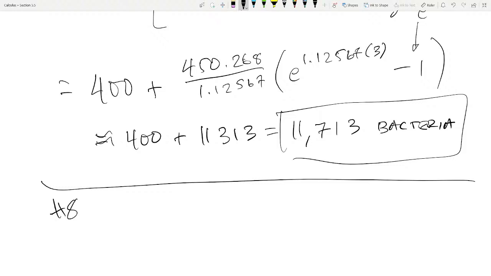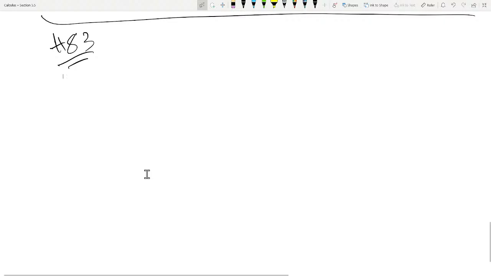Number 83 is about breathing cycles. It says a full respiratory cycle takes about 5 seconds, and the maximum rate of airflow is about 0.5 liters per second. So then they give you a function.